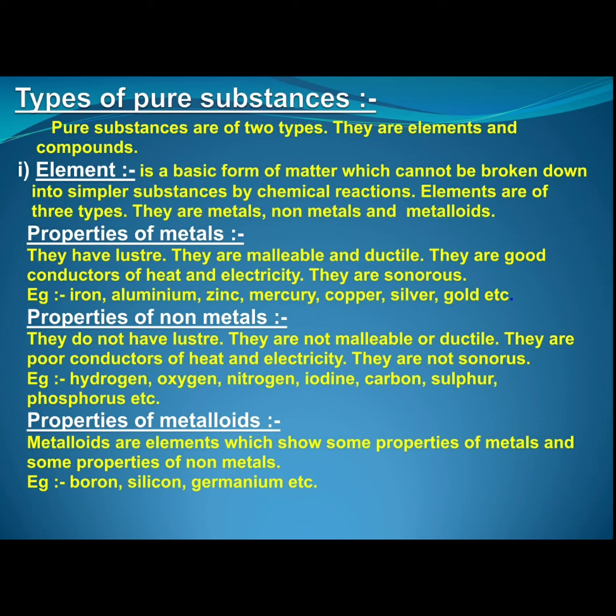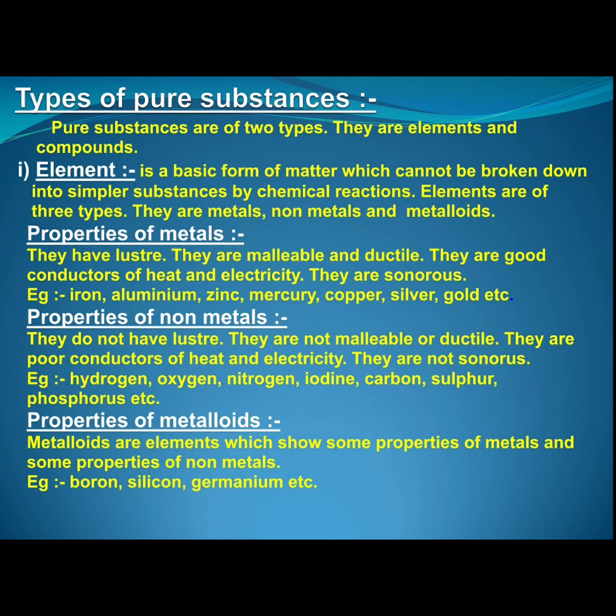They do not have luster, they are non-malleable, they are non-ductile, they are poor conductors of heat and electricity, they are not sonorous, and they exist as solid, liquid, gases in all the states of matter. Now let us go to the third one, that is metalloids.